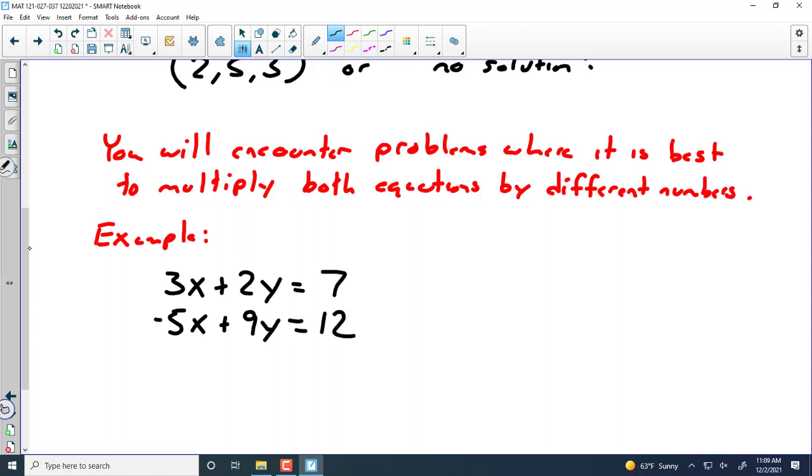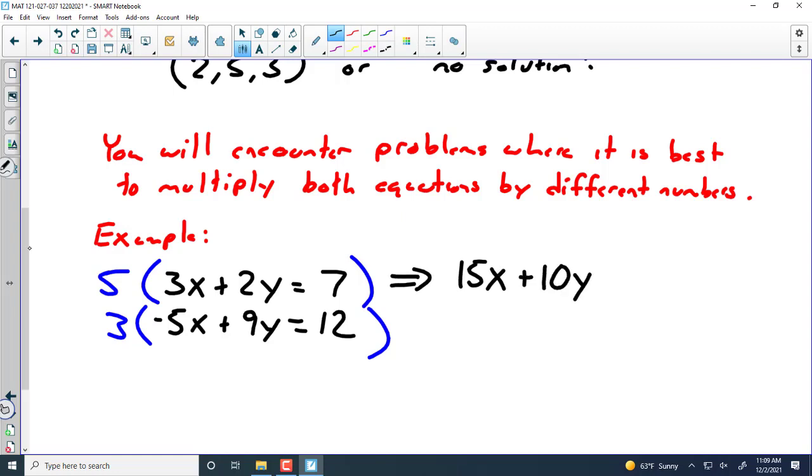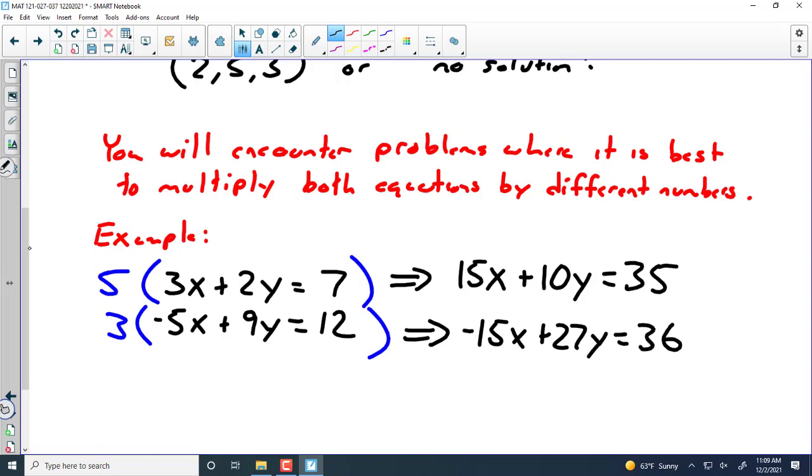You're trying to get rid of one of your variables, and you are forced to maybe multiply this top equation by a 5 and this bottom equation by a 3, giving you 15x plus 10y equals 35, and negative 15x plus 27y equals 36. So do not be alarmed if when you're doing your homework, you have to hit both equations with a number in order to get rid of one of the variables.